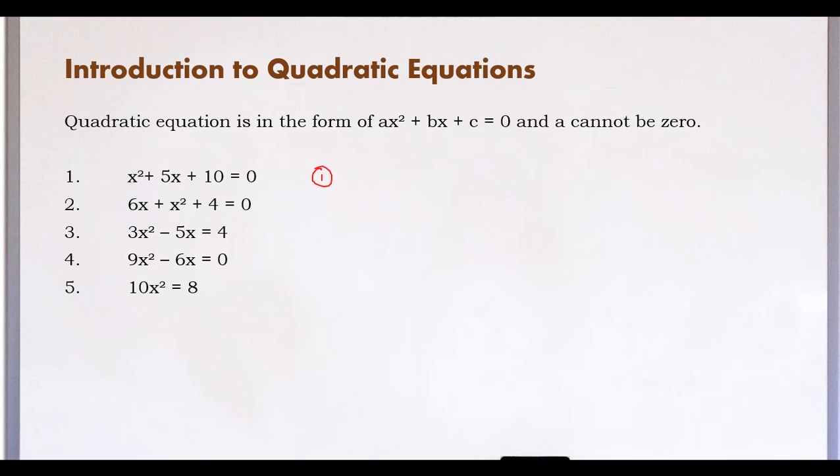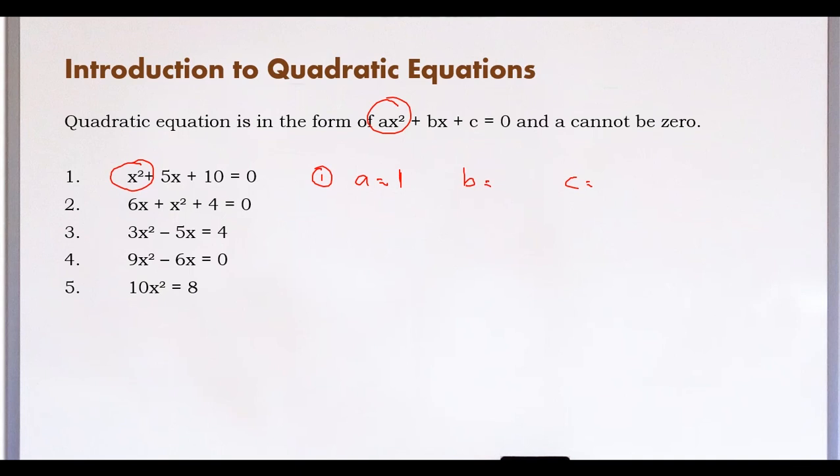In number 1, let us identify the values of a, b, and c. Looking at the pattern, the term here has the value of a. In number 1, we have x squared, so our a here is 1.